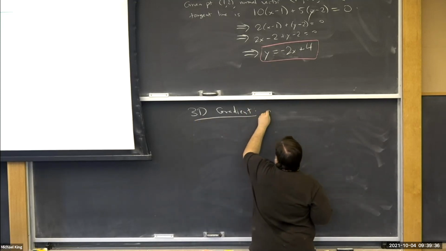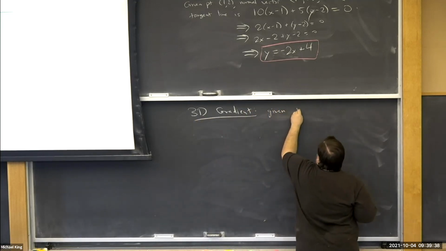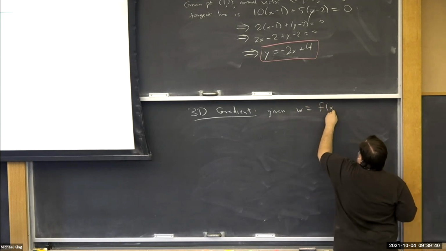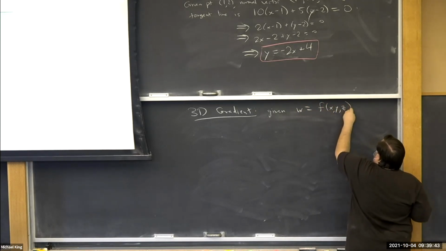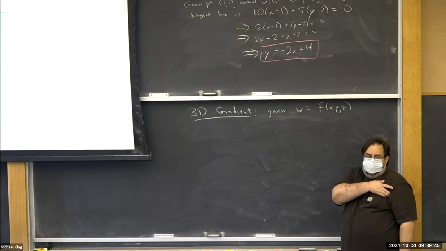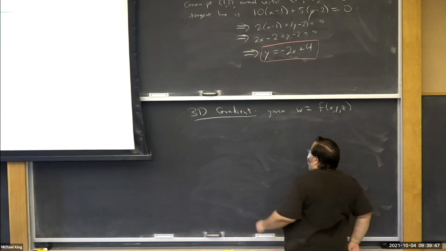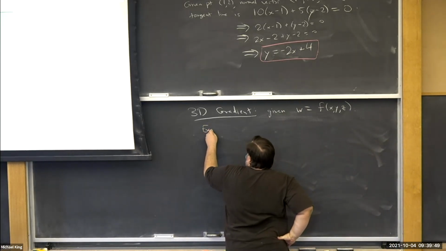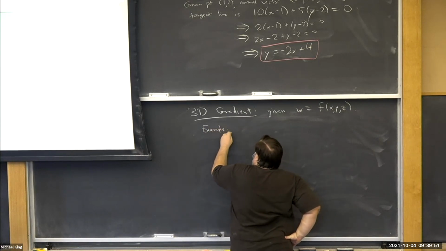So now we're given w is f of x comma y comma z. I'll give you a simple example. Start with a simple example.